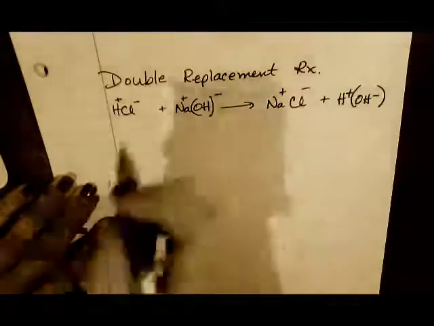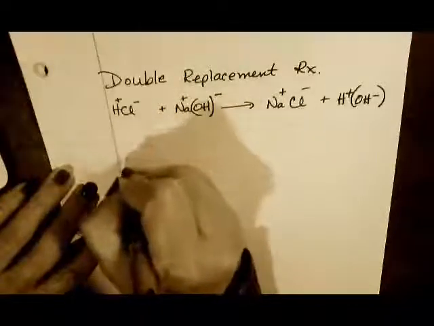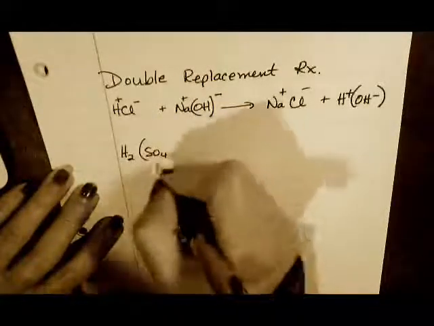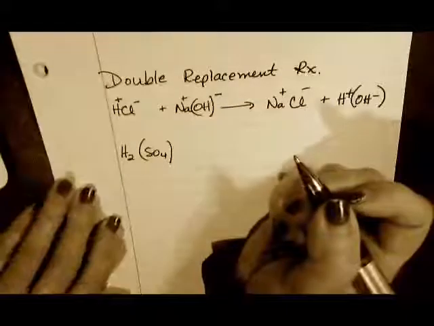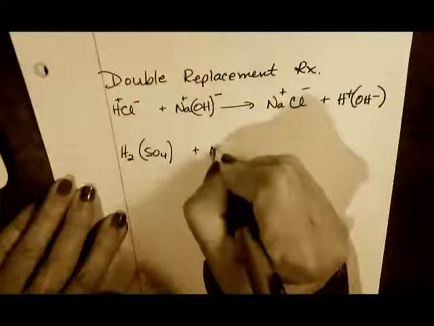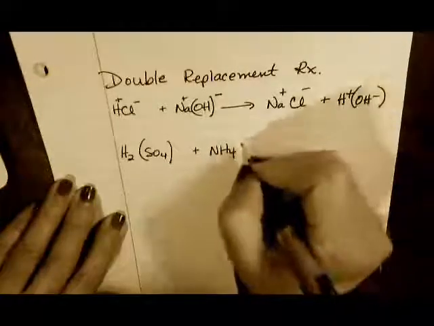Let's try this one. These are from page 10 in the packet. H2SO4 combines with NH4OH.